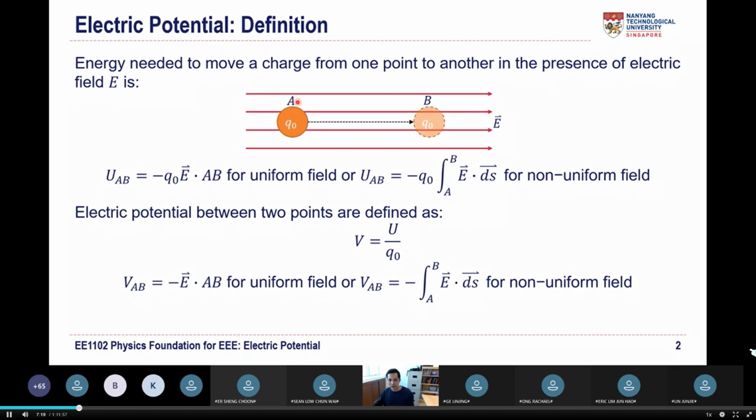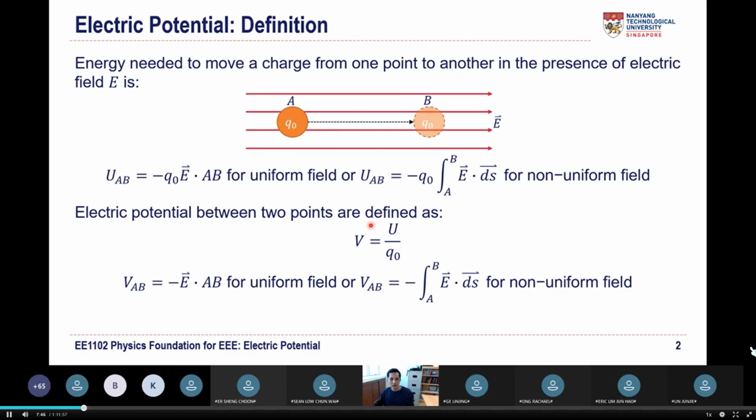So if it was moving in a certain path and the electric field along that path is not uniform, then you have to multiply the electric field and the small element of that path together, and then add them all together from A to B, and multiply by the size of the charge itself to get that work done.